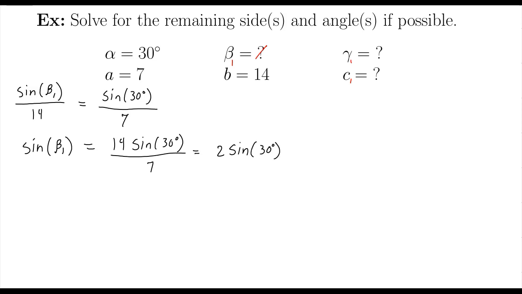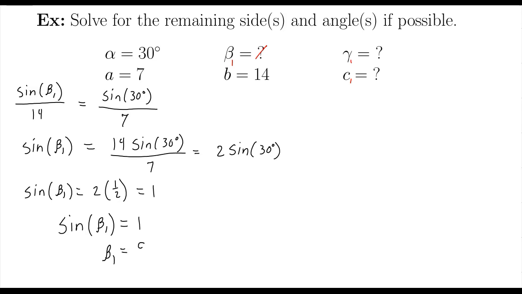And sine of 30 degrees is actually just 1/2, so I can simplify this even further. And 2 times 1/2 is 1. I actually don't really need to do this with my calculator at all. So sine of beta is equal to 1, which means that beta 1 is 90 degrees, right? Because sine equals 1 at 90 degrees.